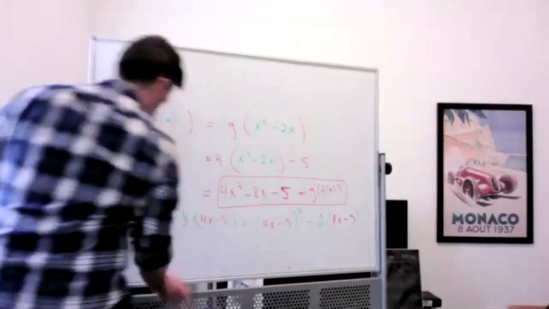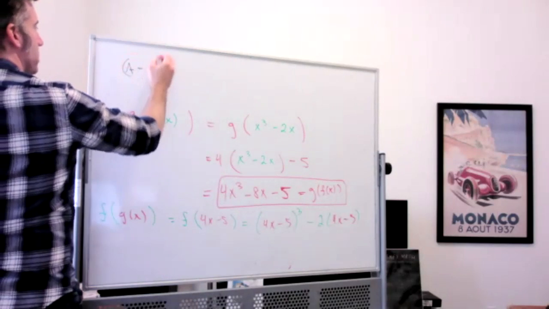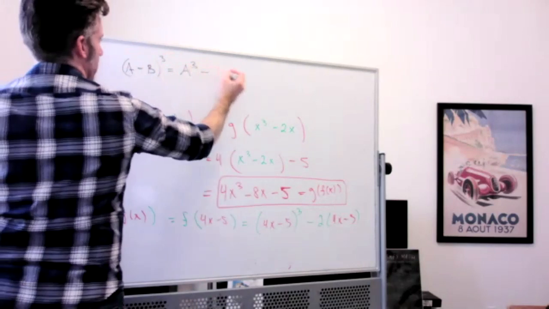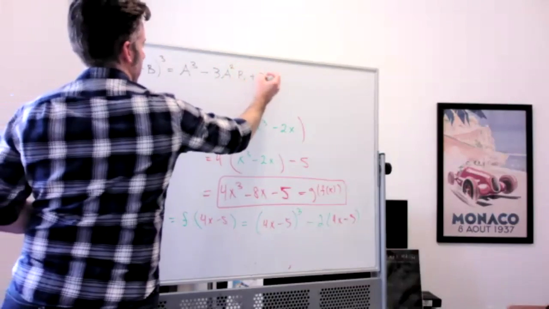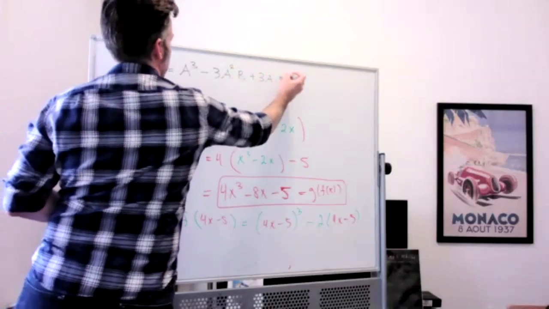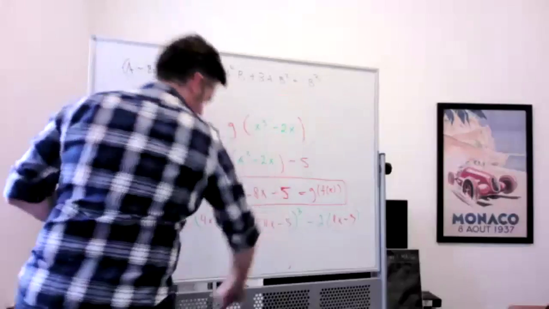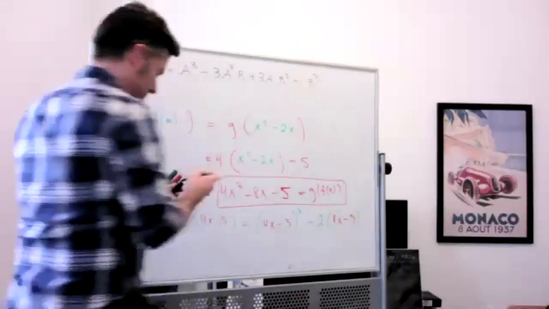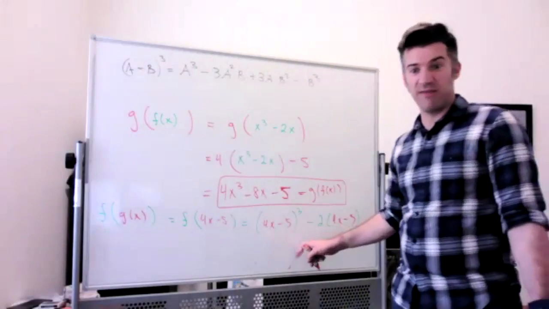Anyway, I'll show you, if you're cubing something, the pattern for a minus b cubed is a cubed minus 3a squared times b plus 3a times b squared minus b cubed. So in this case, my a is the 4x and the b is the 5.